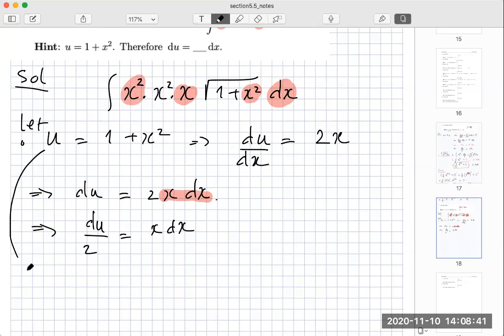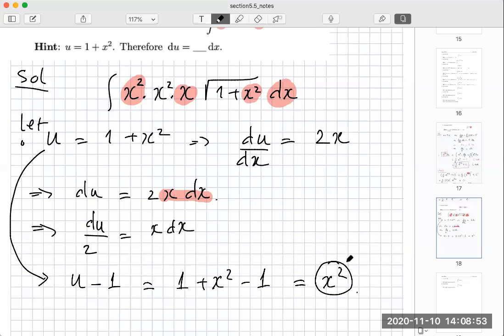From here, if we subtract both sides by 1, yes, u minus 1. So it means that we can write x squared as u minus 1, right? Very good.